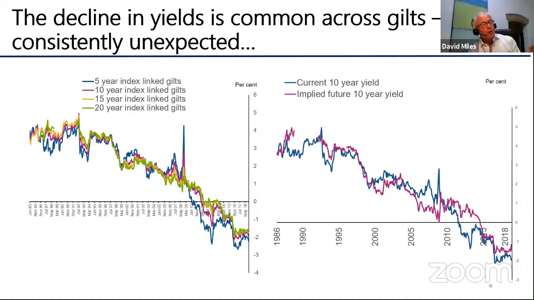In other words, wherever the 10-year yield was at any point in time, if you ask people in the market where they think it's going to be 10 years in the future, they would say, well, I don't know for sure, but my best guess is about today's level.